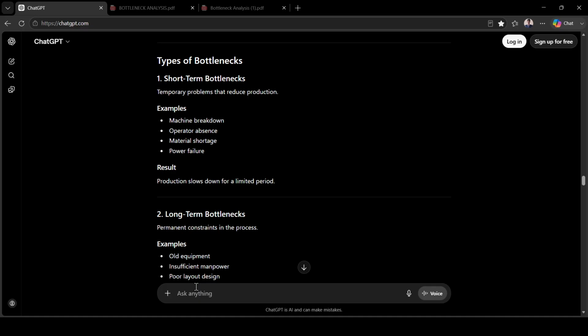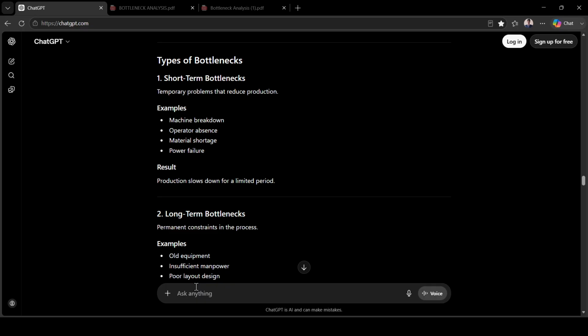Then types of bottlenecks. First one is short-term bottleneck: temporary problems that reduce production. Example: machine breakdown, operator absence, material shortage, power failure. Result: production slowdown for a limited period.